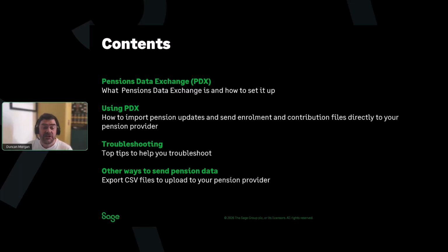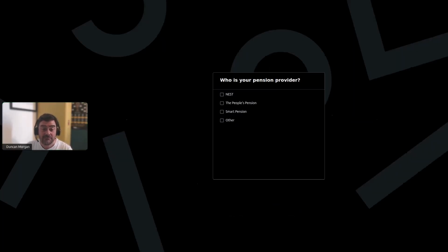But before we get into the content, I'm just going to run a quick poll on screen just to get some insight from our audience today. So just the one question, which I will launch on screen now. And we would like you to answer, who is your current pension provider? So you can select more than one if you work with more than one, but on that poll, you can select Nest, the People's Pension, Smart Pension, or Other.